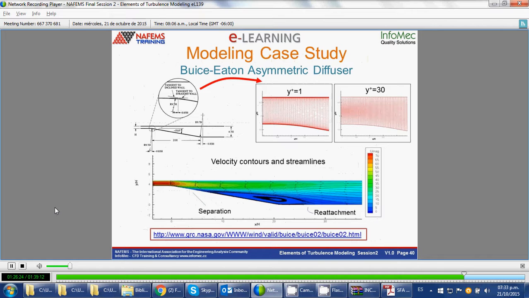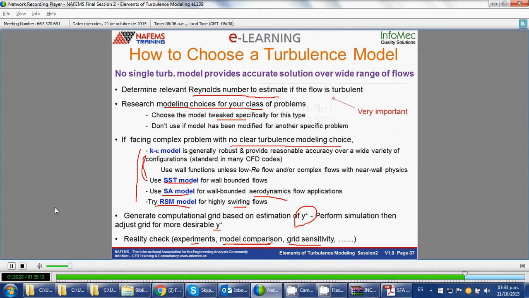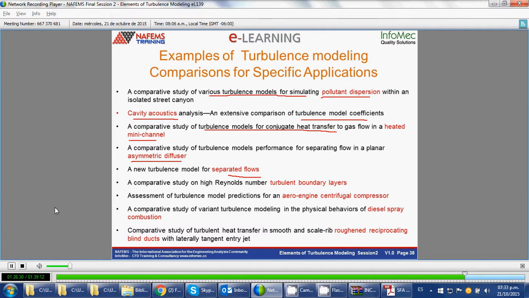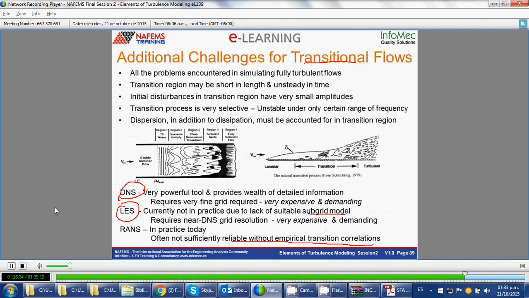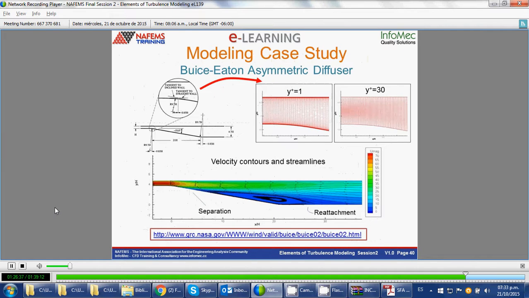So I'm going to talk about some case studies, like these types of problems I was talking about. People have done some case studies, and that could be helpful for you to decide, for example, what kind of modeling you want to use. This is a NASA study, so if you go to here, you'll see this study.